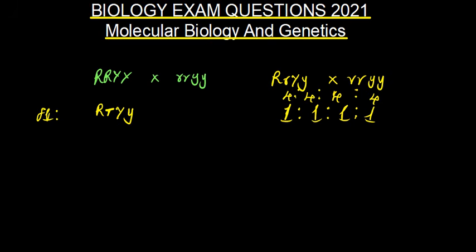Then again, another scenario is that you are going to allow the F1 to cross amongst themselves. Since all the F1 are going to have the same genotype, you are now going to allow them to cross amongst themselves. When you allowed this to happen, what he obtained, of course, was 16 progenies, but these 16 progenies were in the ratio 9 to 3 to 3 to 1.